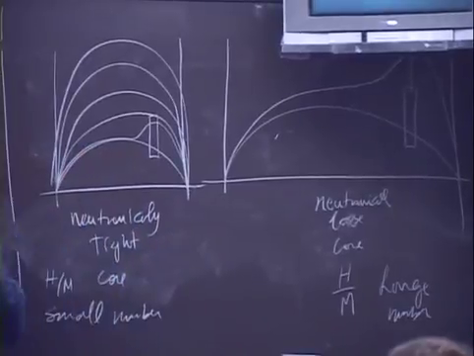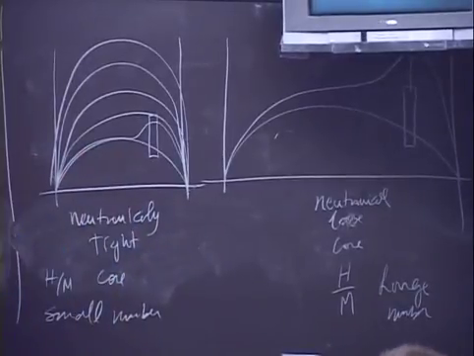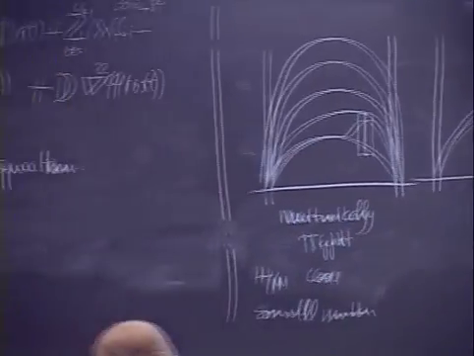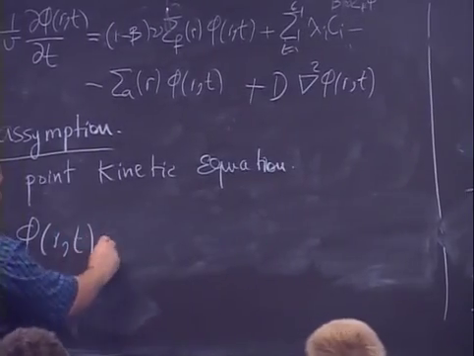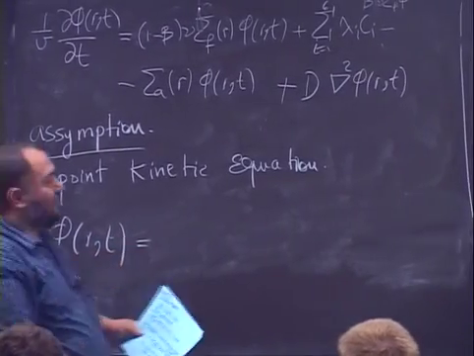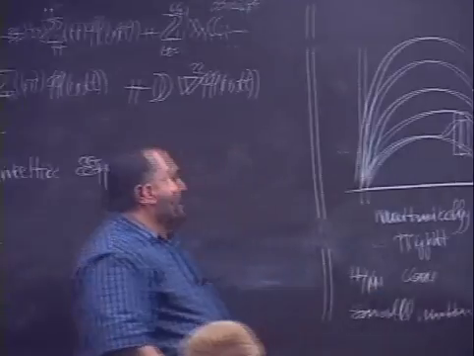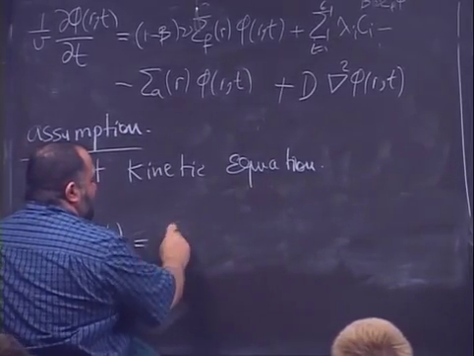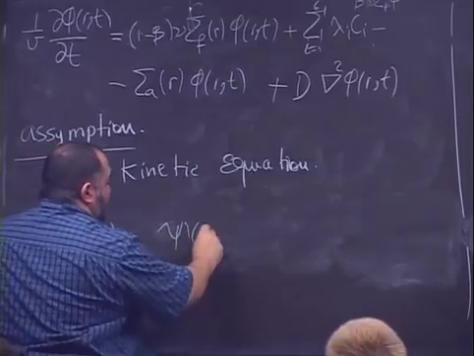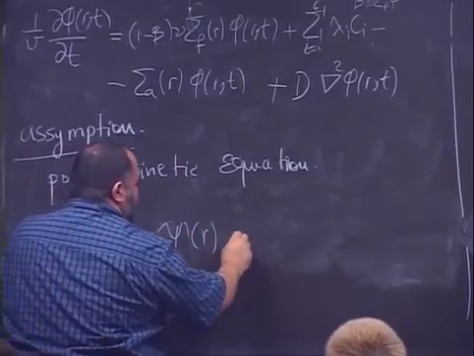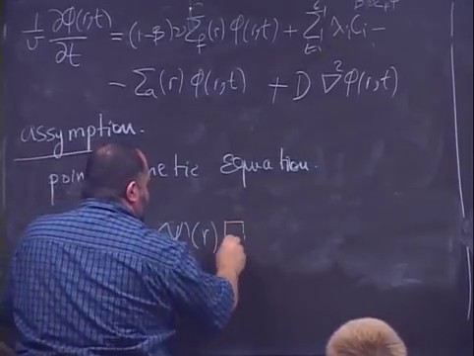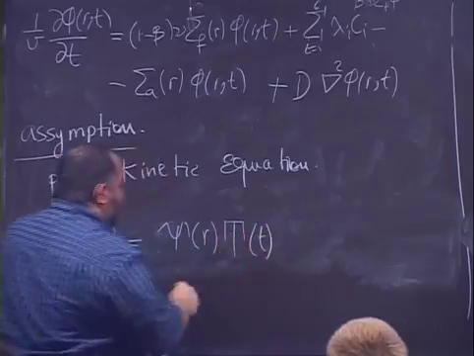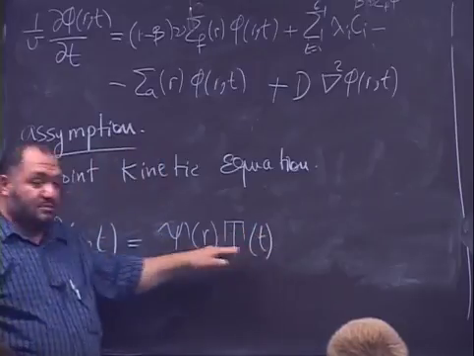Because if we have a function of R and T, and our core is neutronically tight, I can say that I have a function psi of R multiplied by a function T of t, and I can separate those two functions.